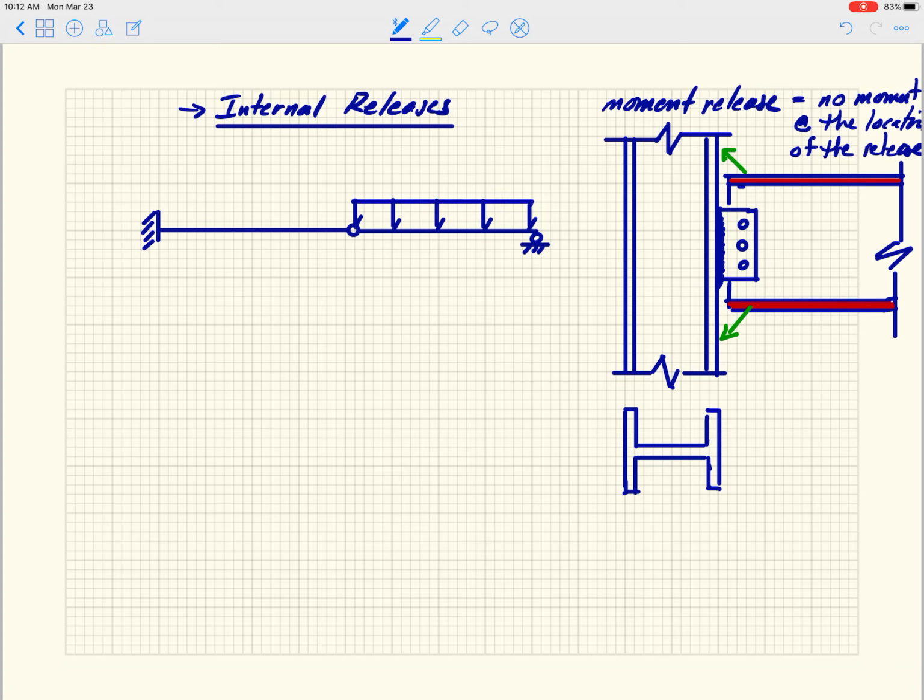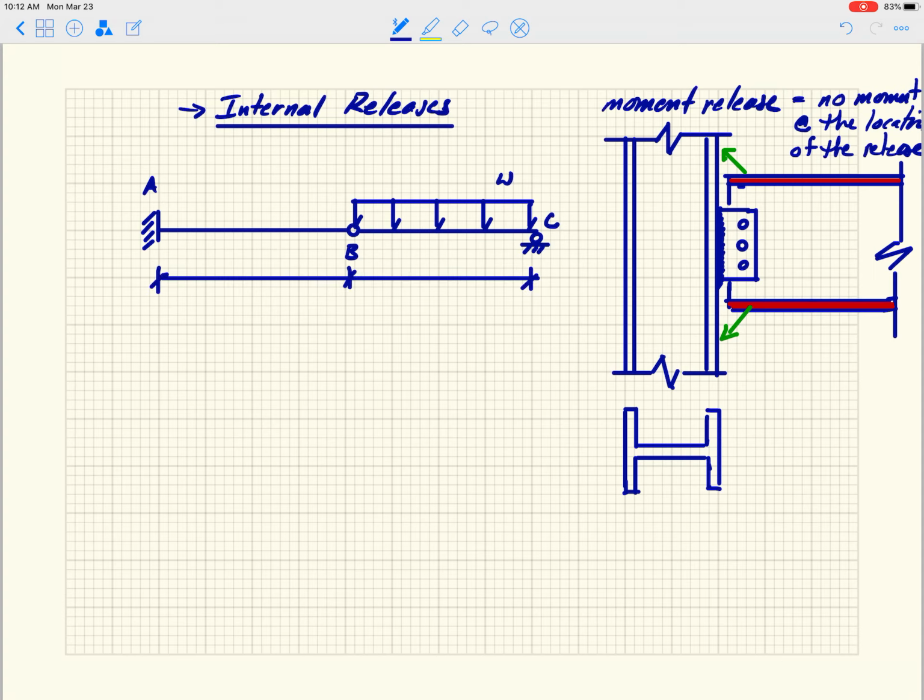So I am going to load this with a uniformly distributed load, and we will call that uniformly distributed load W. And I think I called this A, B, and C, like that. Then I have to dimension this, so I will do that.